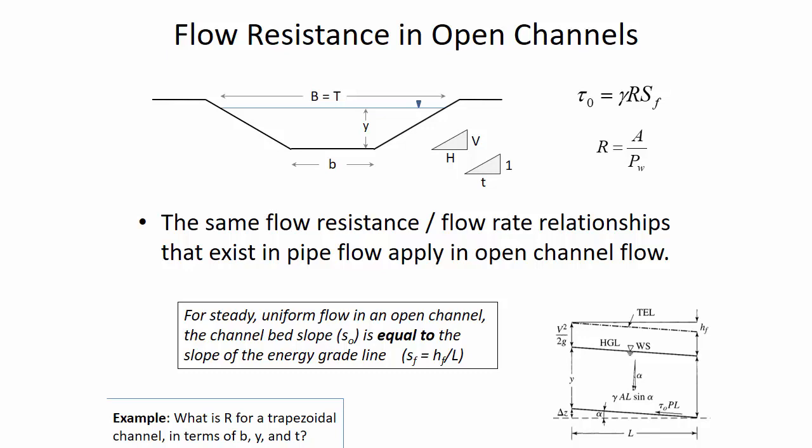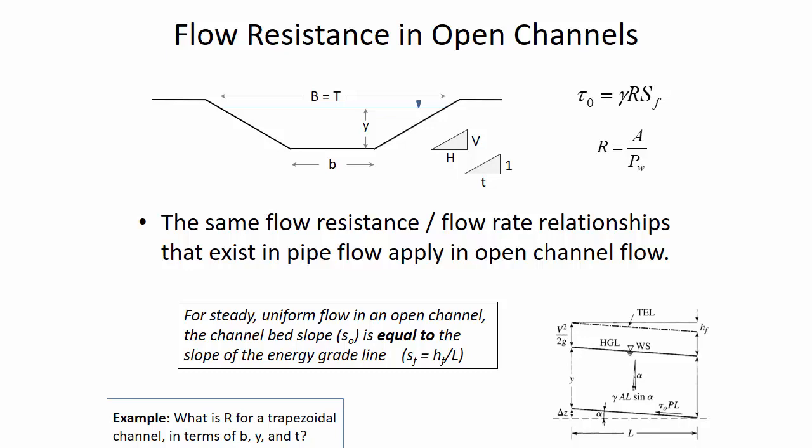Wetted perimeter is B, the bottom distance, where water is touching that perimeter, and water is also touching both of the sides as well. So it is B plus 2 times the square root of y squared plus (ty) squared. In other words, that is b plus 2y times the square root of 1 plus t squared.